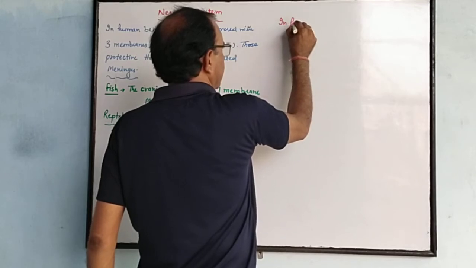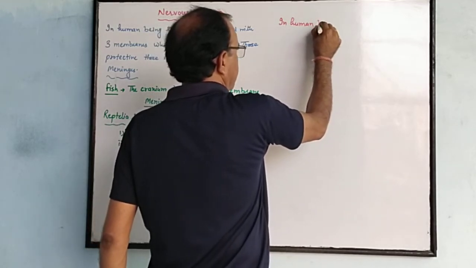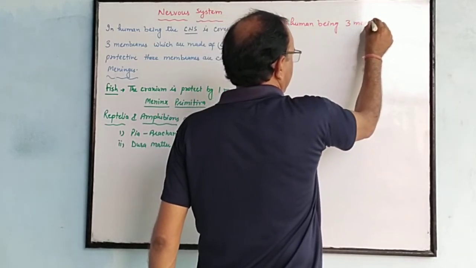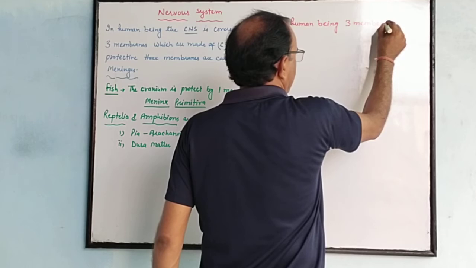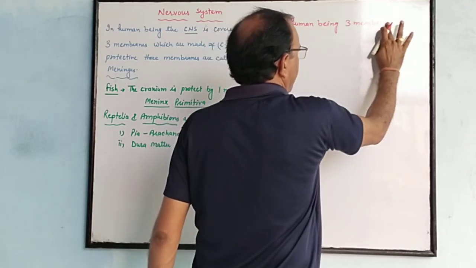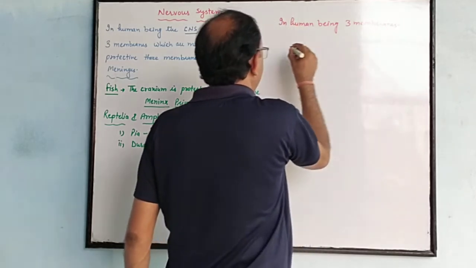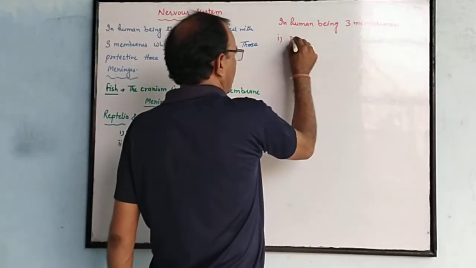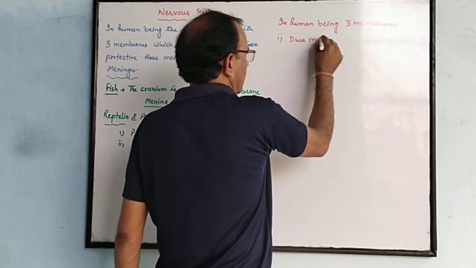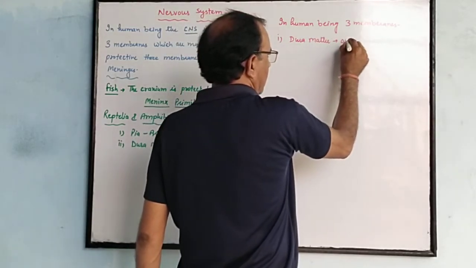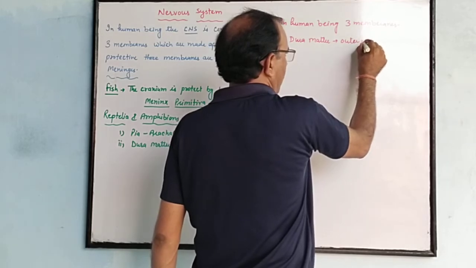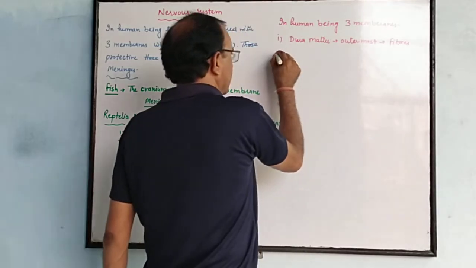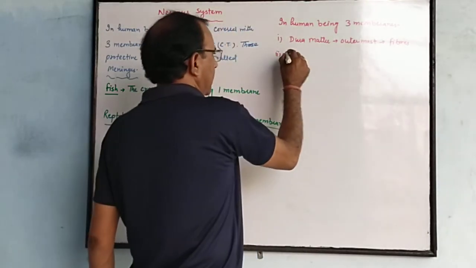In human beings, three membranes. The first one from the outside is dura mater. This is the outermost, which is made up of fibers. Second one is arachnoid.